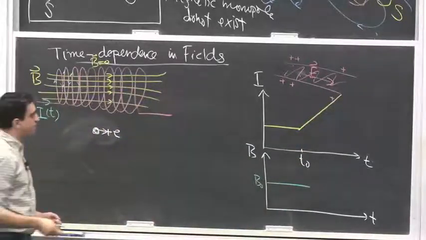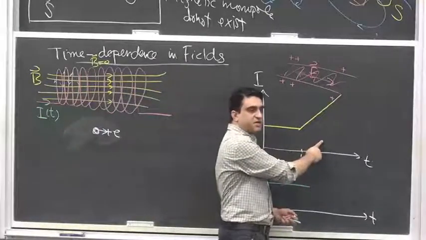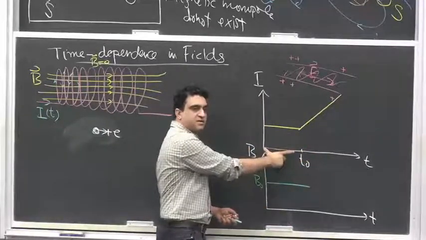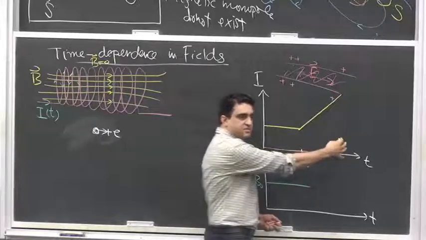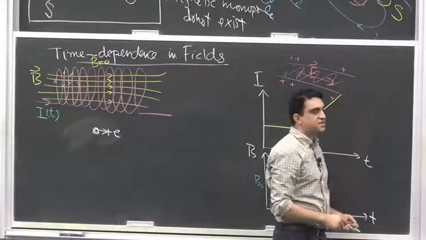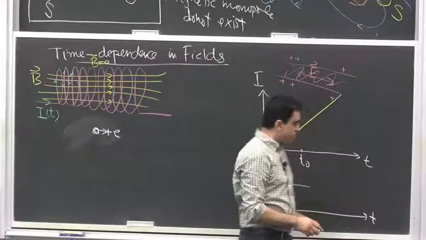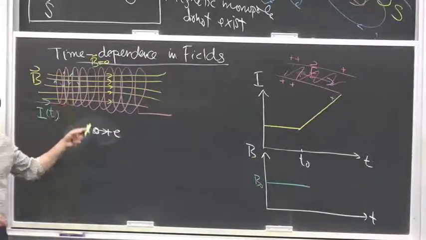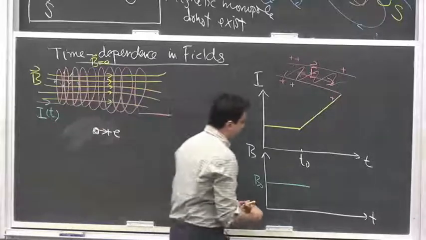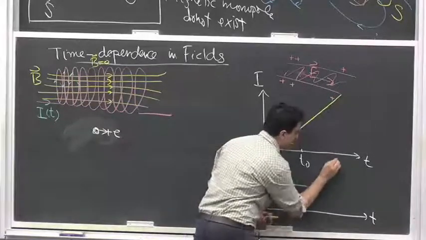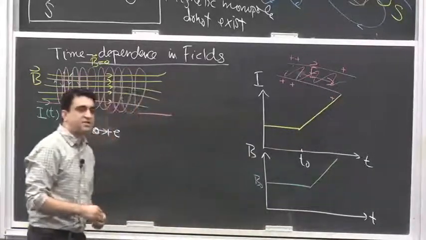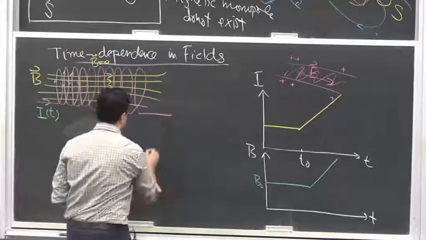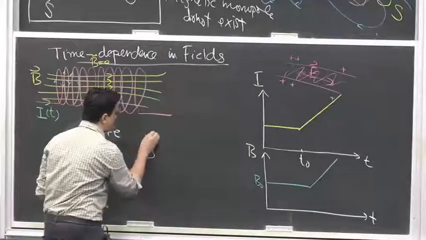So what I now have is a current which is a function of time. Until this point, the current was constant in time, but after this time, I have a current which increases with time. So what would happen to the magnitude of the magnetic field inside the wire? It would increase, and it would increase linearly. Why would it increase linearly? Because what is the magnetic field inside a solenoid?